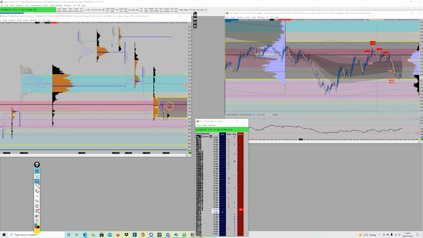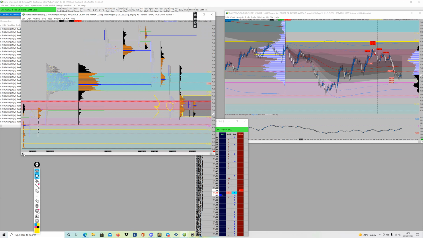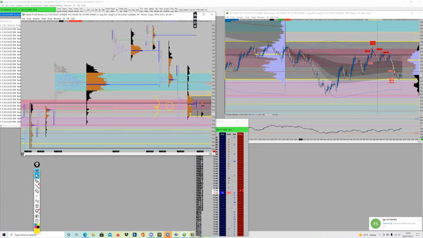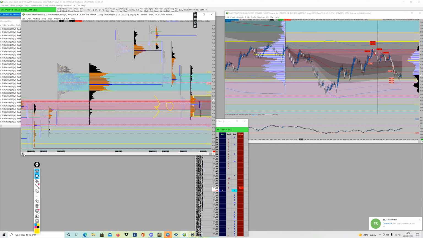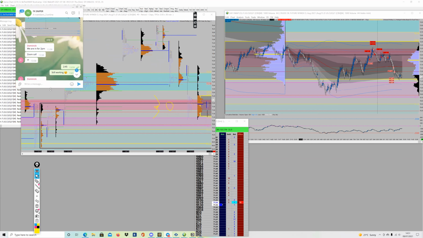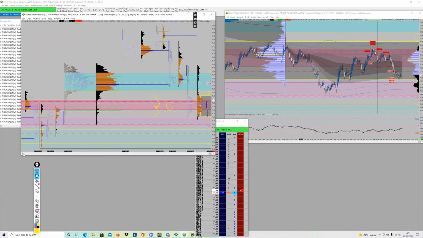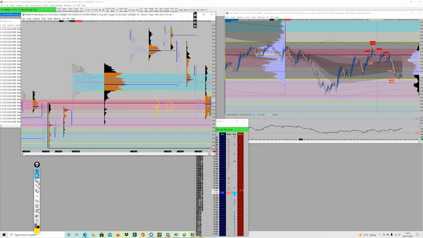Today I was looking for how I can pick up oil. So I went back to a few days before and I drew a line on my previous composite that I traded for oil before.